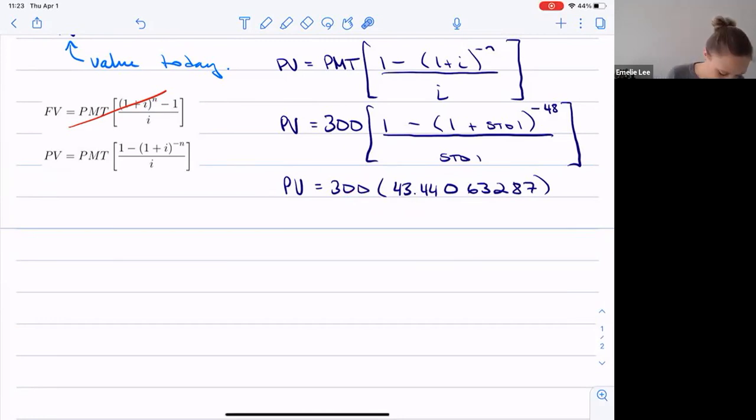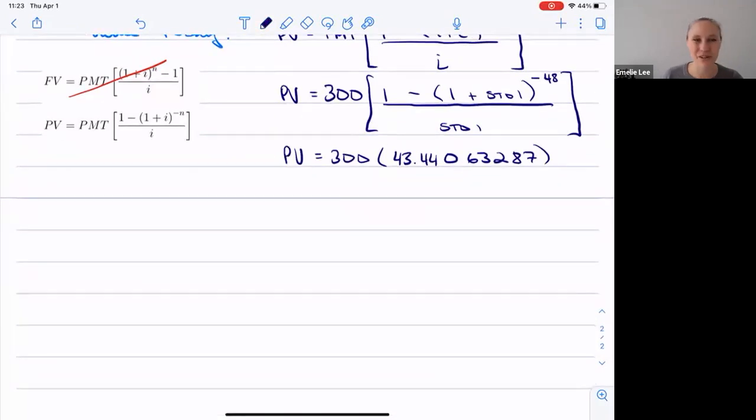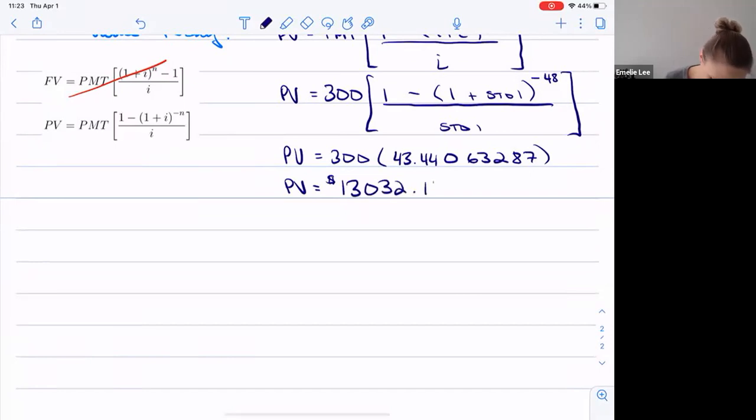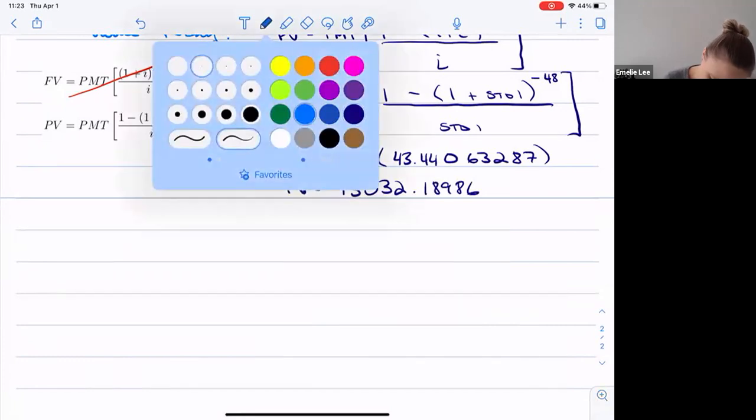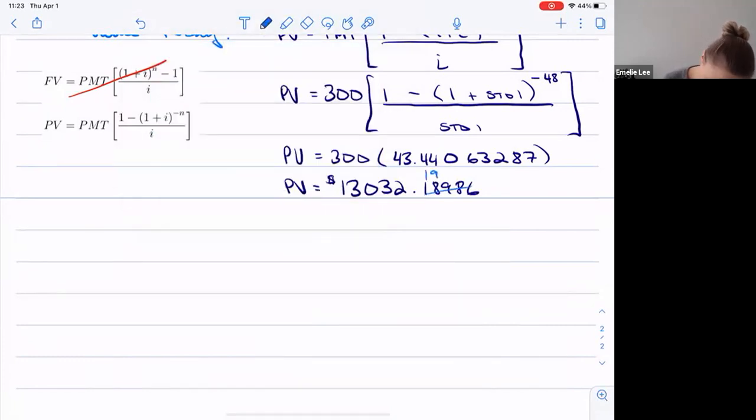Now I can just say times 300, and because I want to keep it all on this page, I've got a page break here, so the present value, I'm just going to round it to a dollar amount right away. 13,032.18986, which I'll show rounds to 19 pennies.